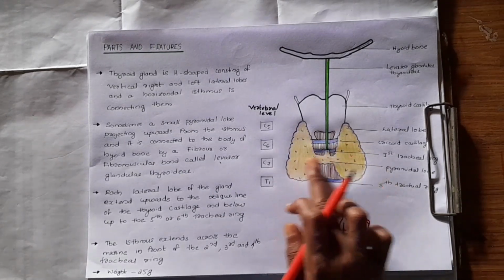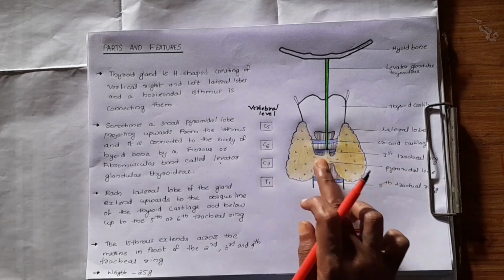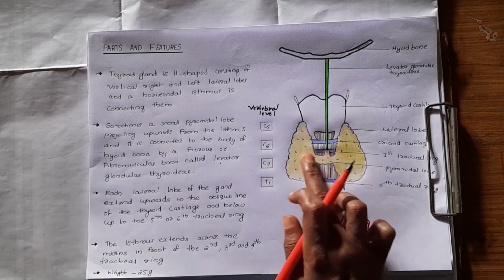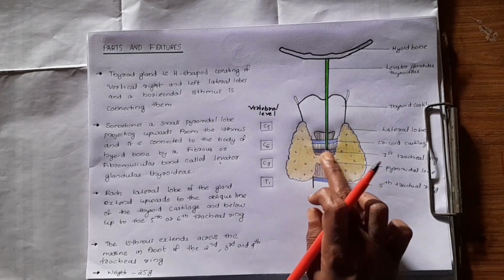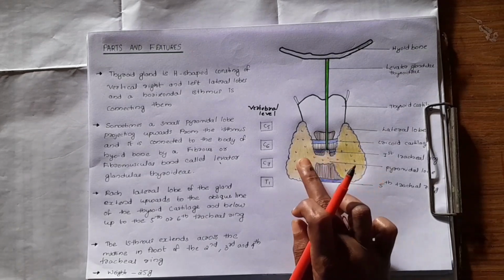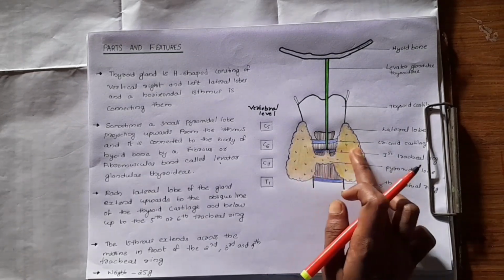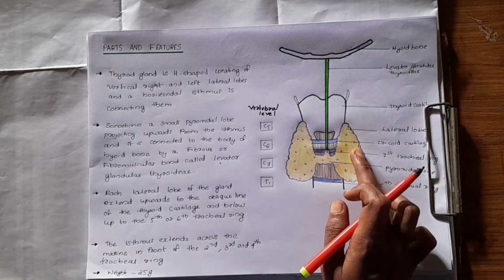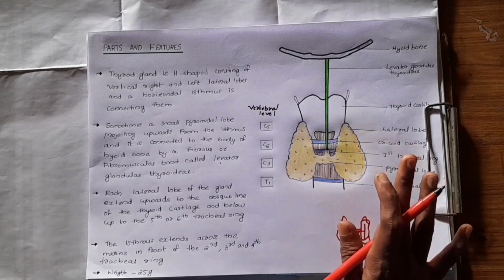These are the lateral lobes. And a horizontal isthmus. This is the horizontal isthmus connecting these two lateral lobes. This is the first point.